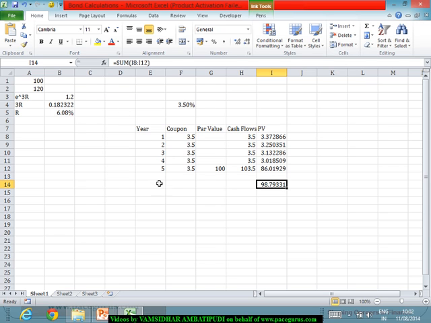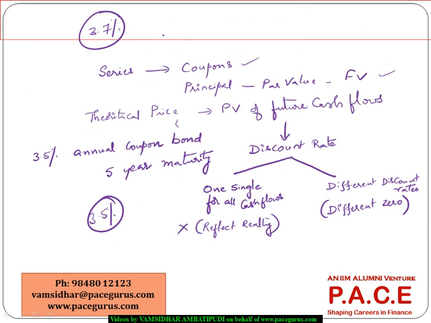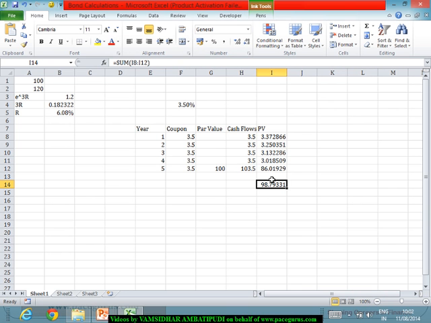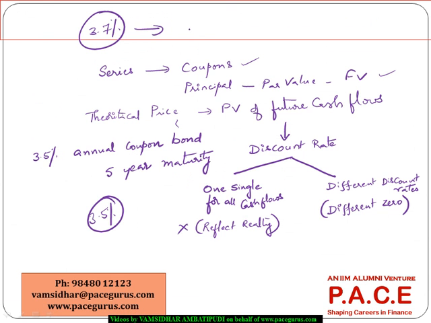So if I am using 3.7% as the discounting factor, then the present value of all these future cash flows comes out to 98.79, which means as per my calculation, the theoretical price of the bond should be 98.79.